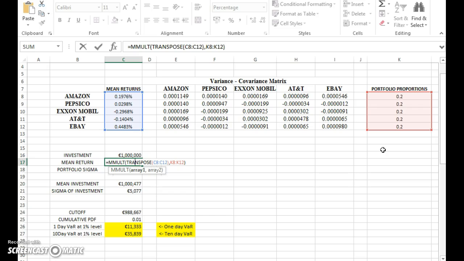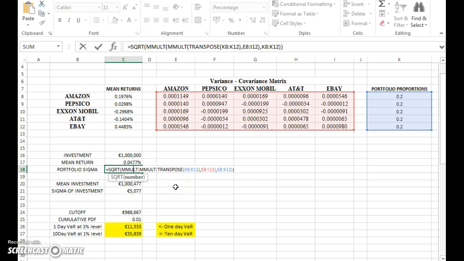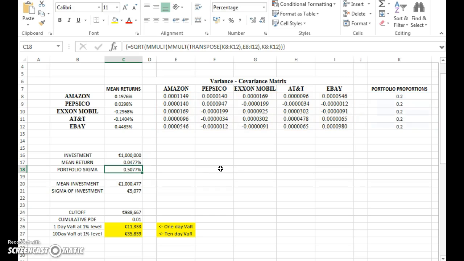We need to hit Control, Shift, and Enter to get the accurate value here, and for the standard deviation on the portfolio, we get the matrix product of the transposed portfolio proportions by the variance covariance matrix and the portfolio proportions again. We get the square root of this value here. We hit Control, Shift, and Enter again, and we get the standard deviation for our sigma, which is again half a percent.